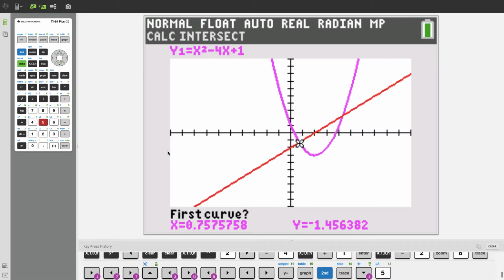Wait, where do you go? Does it want the first curve? We gotta wait because I'm not gonna repeat myself 6 times. When you do this, it either says y1 or y2 up in the top left. Do you see that? If you hit second trace intersect, you should see that on your screen.